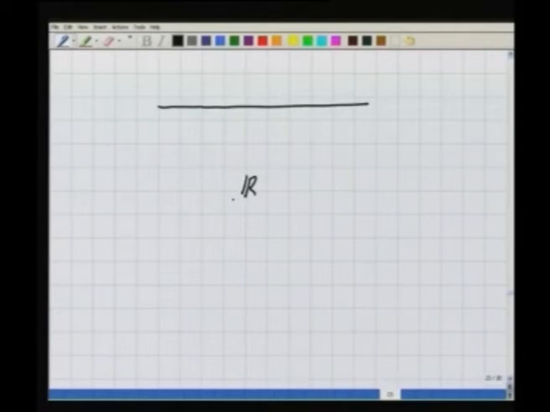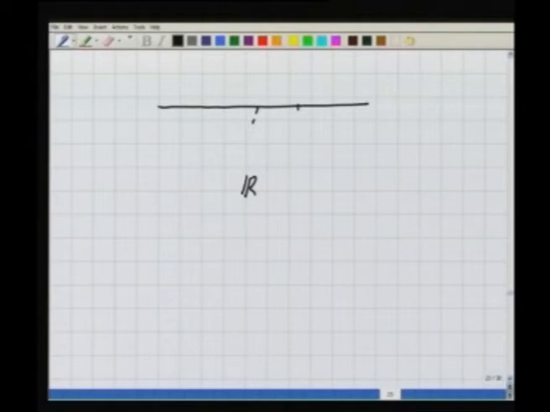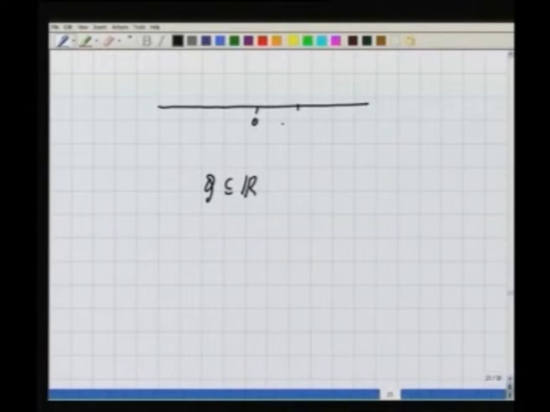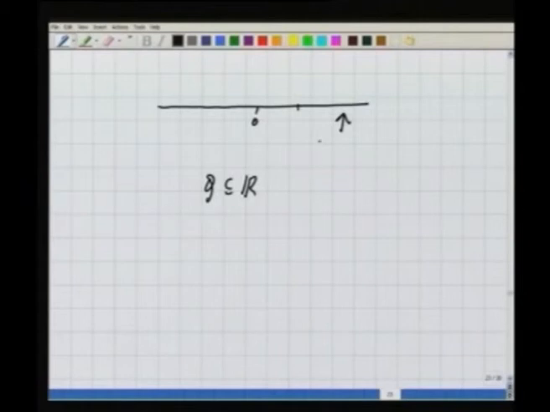What is the correspondence? Given any point, I can always choose a point here so that the length represents the real number. That is, if I take the rational numbers inside R, then the points having fractional length from 0 correspond to rational numbers, and any other point which does not have this kind of fractional length actually represents the irrational numbers, and that is the reason sometimes this is called the real line.